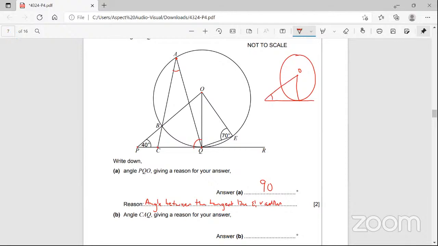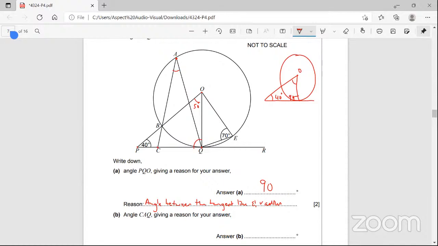Then I know that this is 40 degrees, right? And because it's a radius this will be 90 degrees. And then I will get the angle at the center. So what will it give me? This is 50 degrees. Okay? But that's not the angle they want.